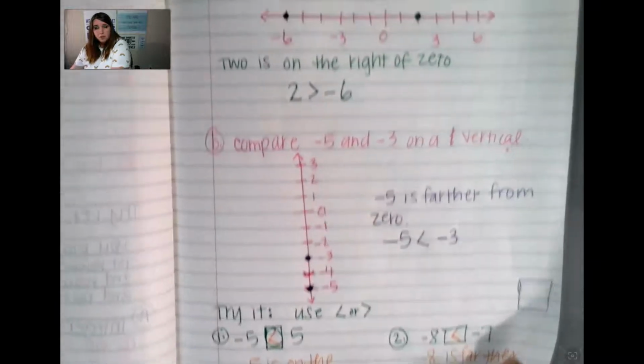All right, and now I'm going to turn my page because we are going to order. So we just compared, and now we need to order the integers. To order them, you will be given a list of integers, and your integers need to be organized.